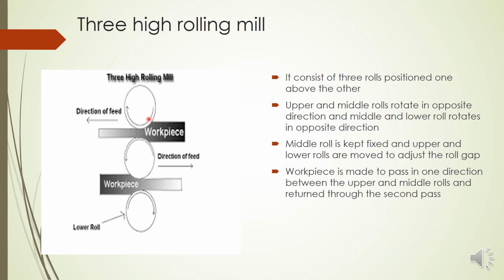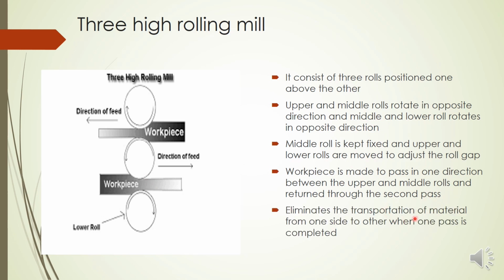We first pass the workpiece between the upper and middle rolls, its area reduces, and again we can feed it continuously between the lower and middle rolls. That is one of the advantages of this 3 high roll mill: 2 passes we can go.